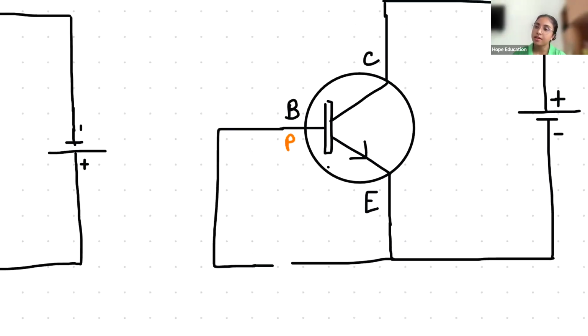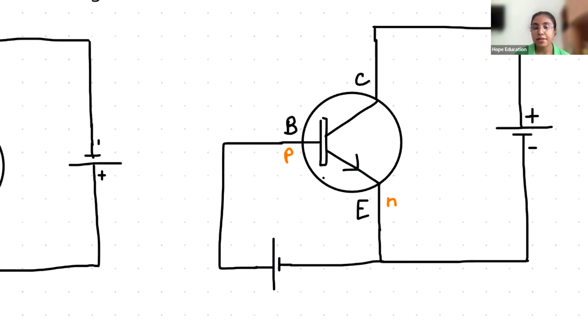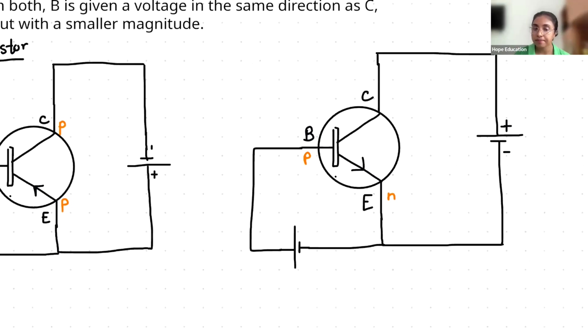Is emitter a P semiconductor or an N semiconductor? N. Yes, N semiconductor. එහෙනම් ළමයි කොහොමද අපි forward bias කරන්නේ? It's very easy. Forward bias means P semiconductor එක positive එක්කෙනාට N semiconductor එක negative එක්කෙනාට. Positive to positive, negative to negative. එහෙනම් P semiconductor which is the base, I connect to the positive terminal. And N semiconductor which is the emitter, I connect to the negative terminal. ඔන්න එහෙනම් මම base emitter එකත් forward bias කරා.